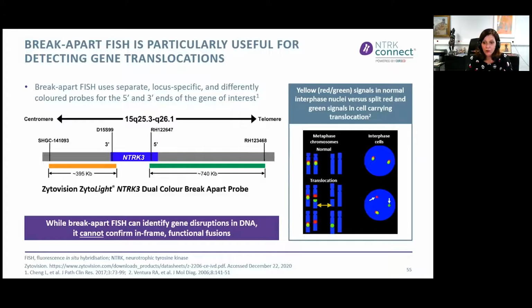FISH now. So for FISH, we use the break-apart probes. We need to use one for each gene. It's a technology that we have been using for many years, especially for NTRK3, for some specific subtypes. It's a technology that is quite easy to interpret when you are used to it, looking at the separated signals. It cannot confirm the in-frame functional fusion, but it's something that pathology labs are used to, for instance, if they work in lung pathology.